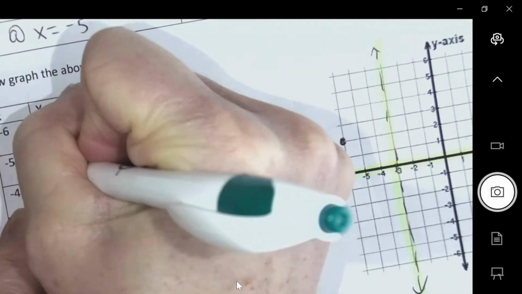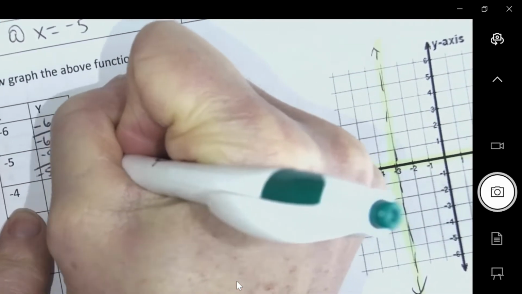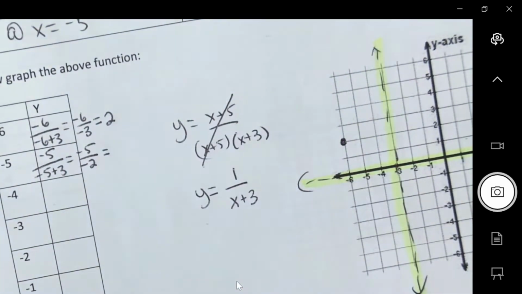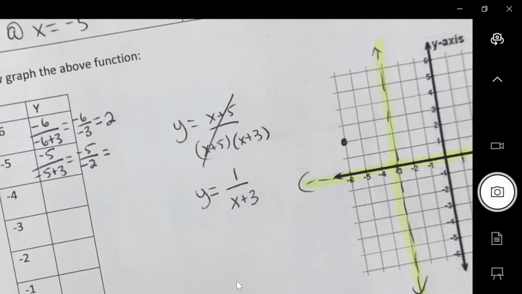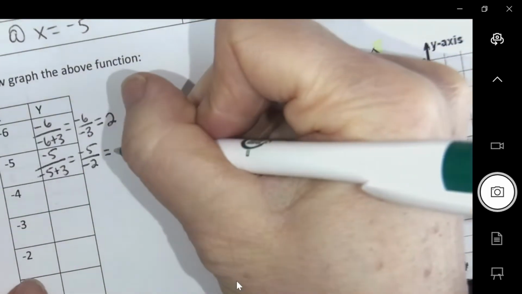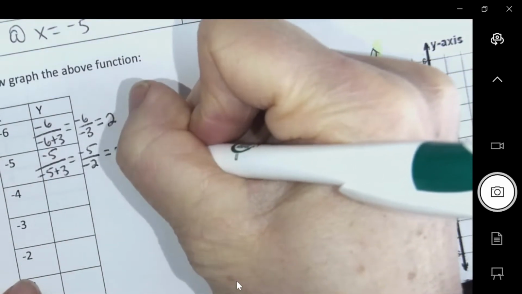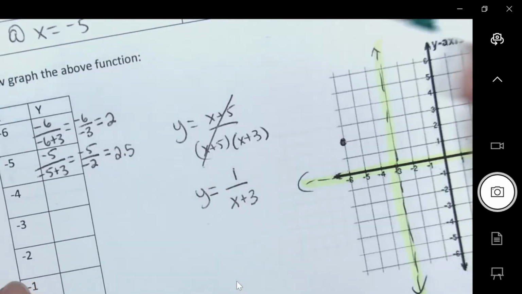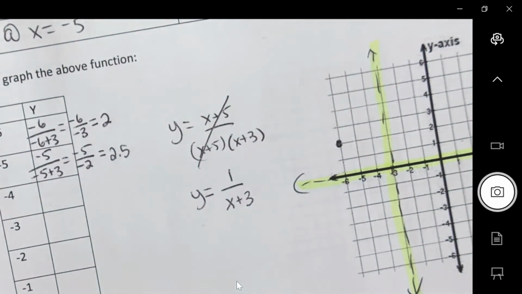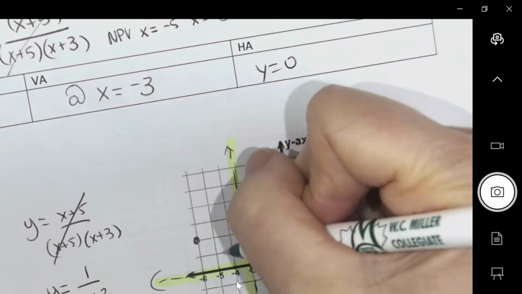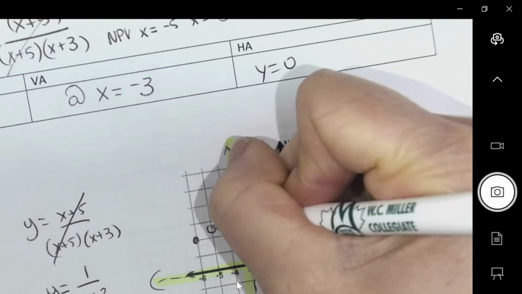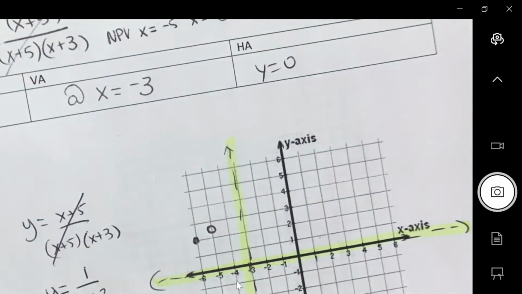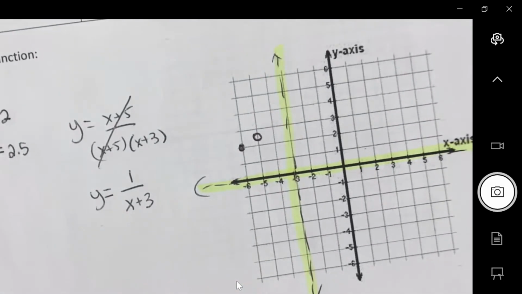-5. You can do that without a calculator as well. I believe in you. What is that? 2.5. Okay, did we remember something though? It's a hole. So at -5 comma 2.5, I'm going to kind of draw it. I don't need to draw it that big, but I want to make sure you can see it.